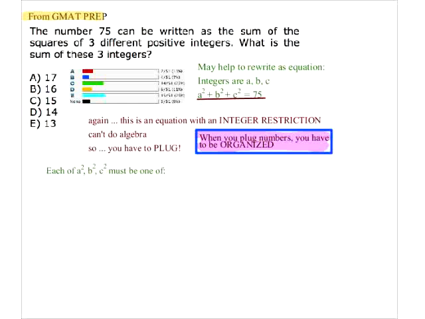Each of those numbers has to be one of the numbers in this list, because those are perfect squares of integers. And you can stop at 64 because the next one is bigger than 75. So we just need to organize somehow. Let's have an organized approach.